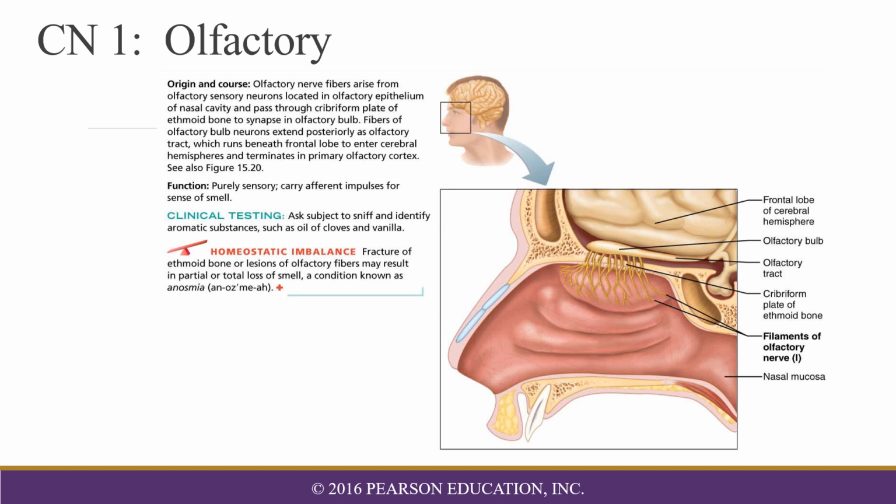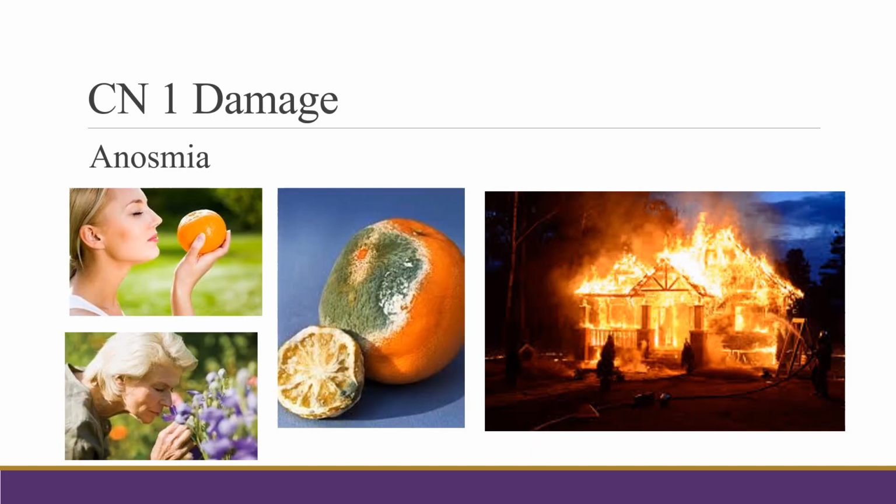So I like this picture here. You could see exactly where that is coming kind of through the ethmoid bone there. Kind of looks like a hairbrush is what I think it looks like, but yeah. So damage here, so anosmia, so the sense of smell, obviously extremely important. Is this an okay thing to eat or not okay to eat?